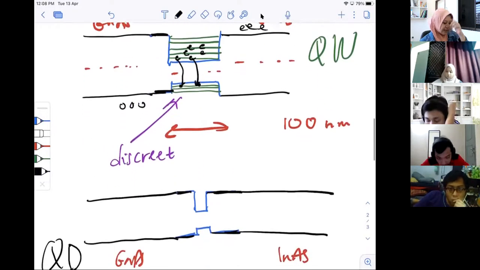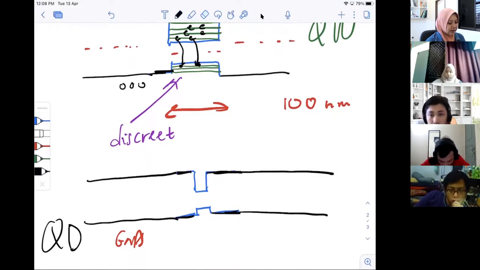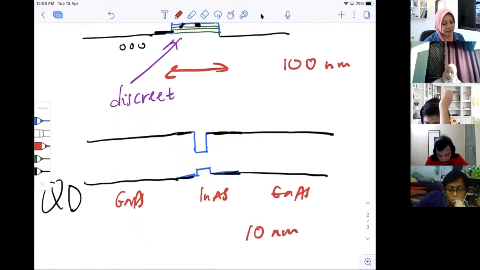Okay, so the blue is the indium arsenide, the black is the gallium arsenide. So normally in terms of the diameter is 10 nanometers. So for quantum dot, we need to make the indium arsenide thickness or size cannot be 100 nanometers. It must be very small, 10 nanometers.